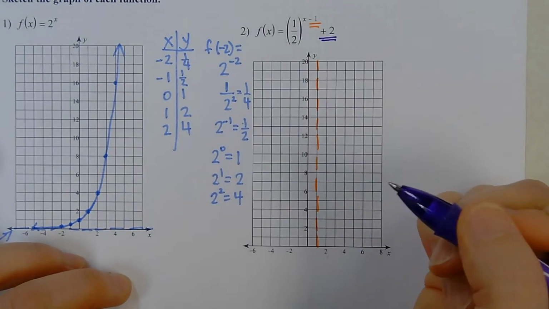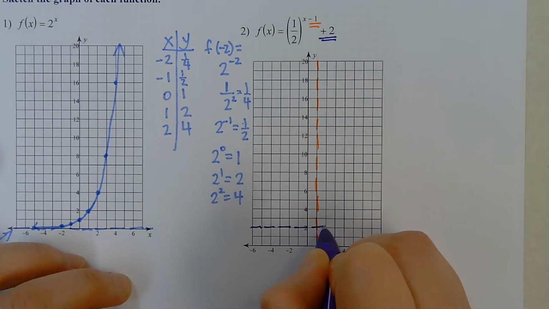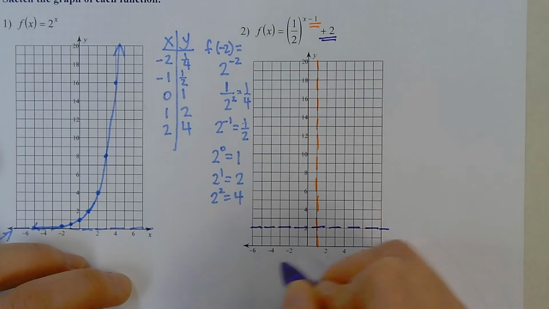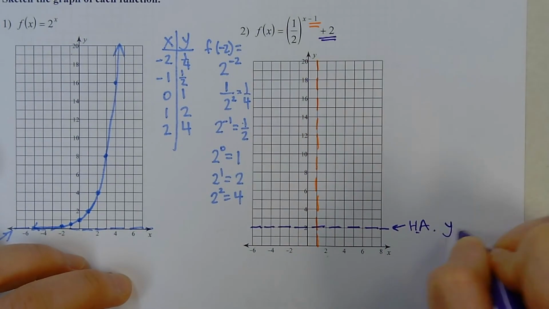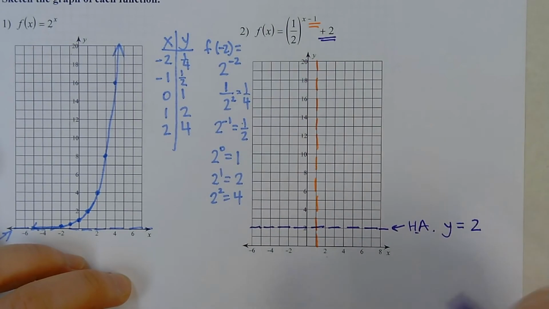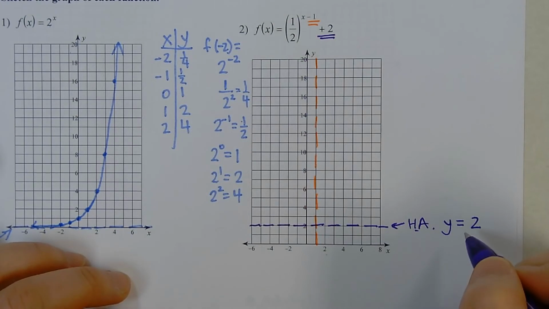And then we've got this +2, and that's shifting everything up 2. So this is our new x and y axis, and our new horizontal asymptote is y equals 2. All right, and think about how that would change the domain or range. It doesn't change the domain, but it does change the range.